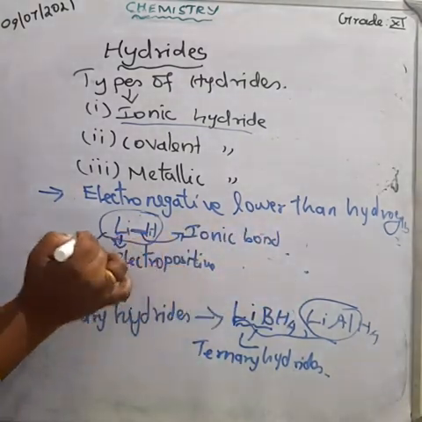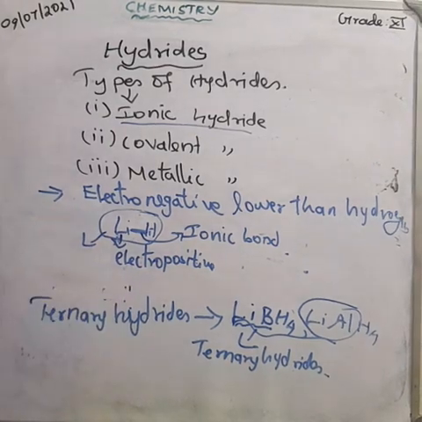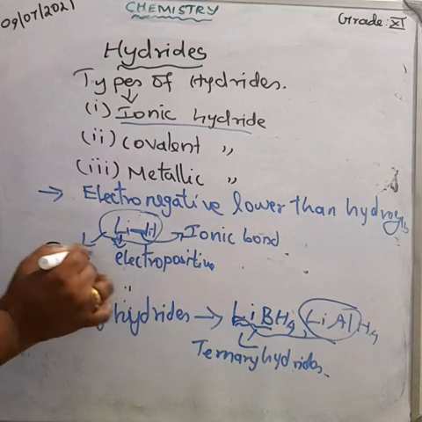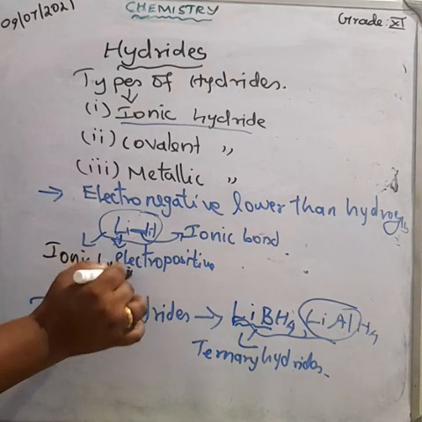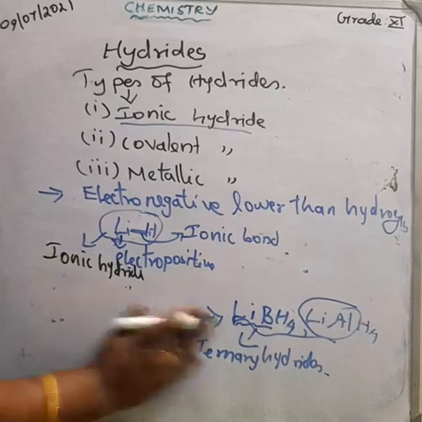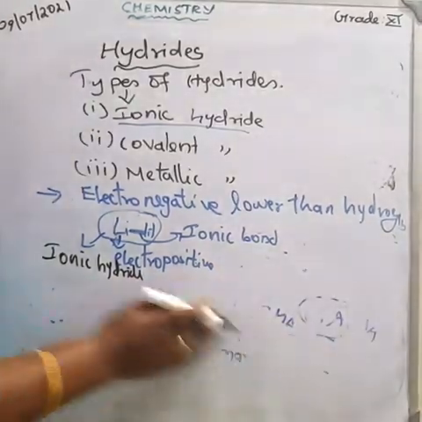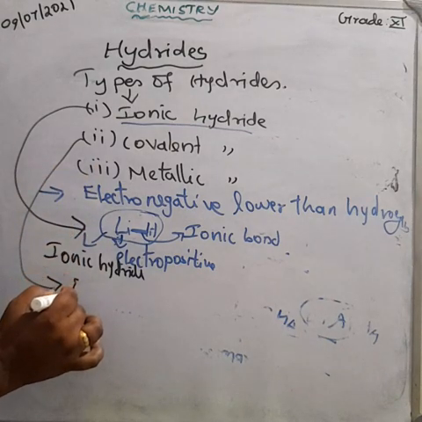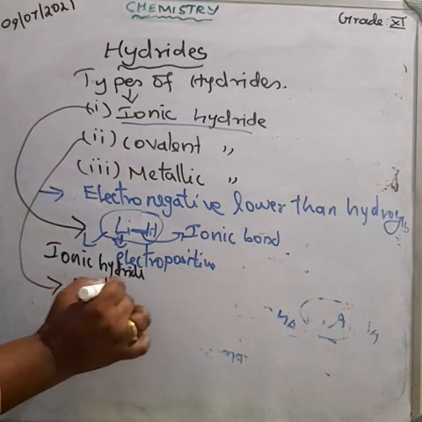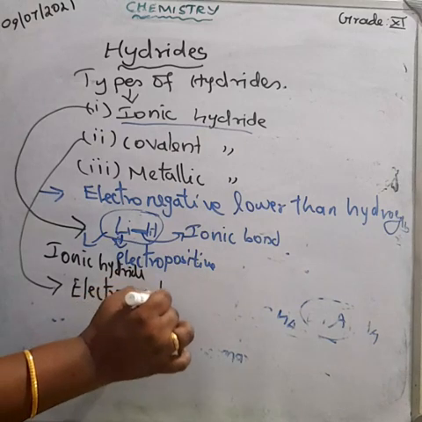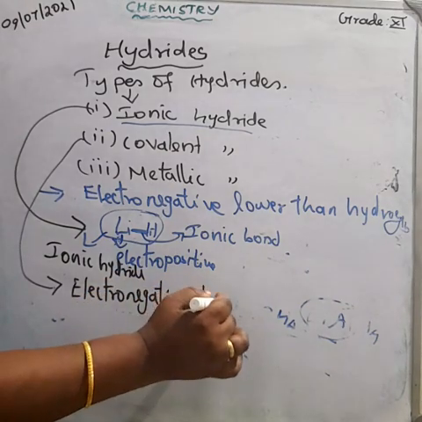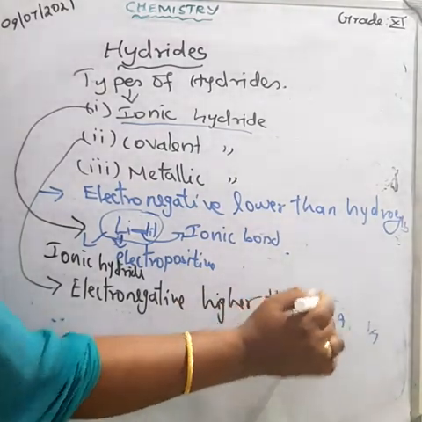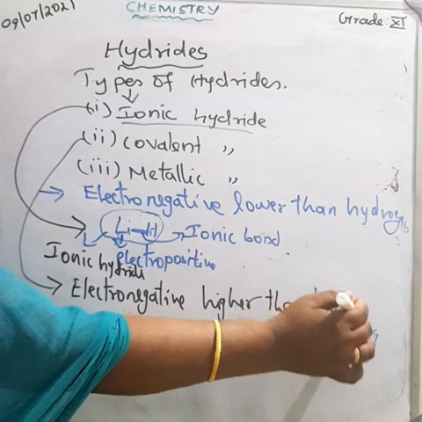Understand? And covalent hydride means the compounds of hydrogen with elements having higher electronegativity than hydrogen. They form covalent hydrides, for example ammonia, NH3, a non-metal hydride.